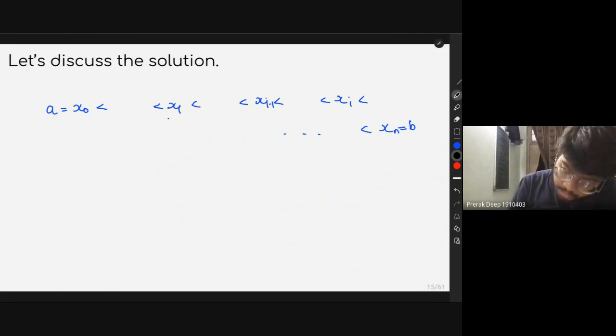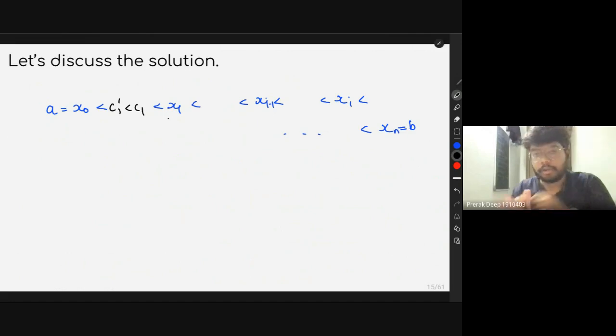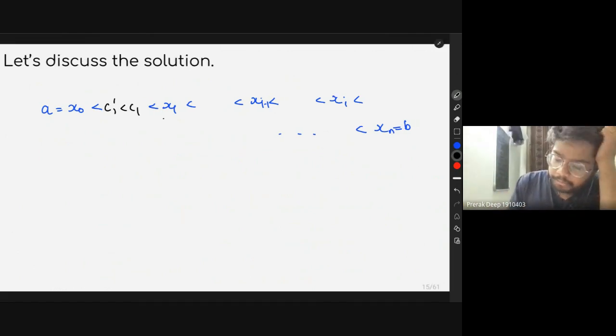We call that element, actually we found two elements, we call them c1 prime and c1. We don't know the ordering between those two, but those two will lie in this interval. We can order them appropriately. Similarly, here I will have Ci minus 1, here I will have Ci.